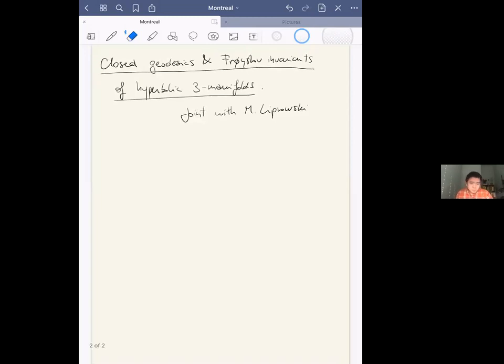So I guess just to put things in perspective, the modern theory of three manifolds uses a lot of tools, but there are two sets of tools which have been very successful among the others. So, modern tools in three-dimensional topology.